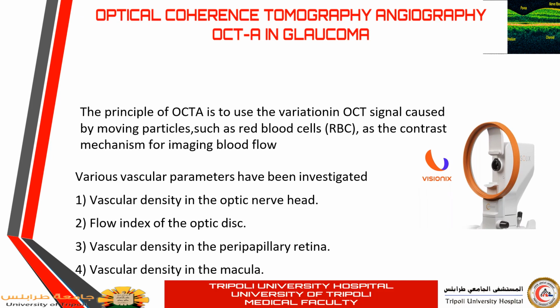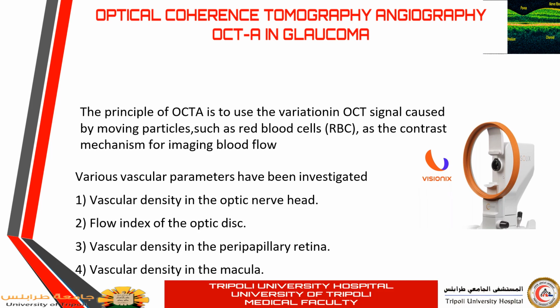The principle is based on the variation of the OCT signals when there are moving particles within the retina, that's the red blood cells. This will create different signals from those moving particles, and based on special software, these signals undergo some variation and decorrelation, and accordingly a new signal will be created and gives you the flow image.